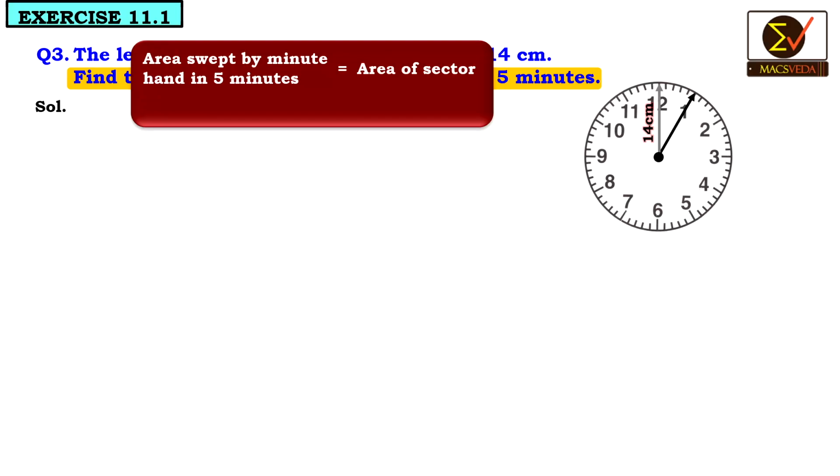But what is area of sector? The formula is simply theta by 360 into pi r square. Here we already know what is radius. But what about theta? Let us find it. So what is angle swept by minute hand in 1 minute? My dear friends, in 60 minutes, it covers 360 degrees. So in 1 minute, how many degrees it covers?